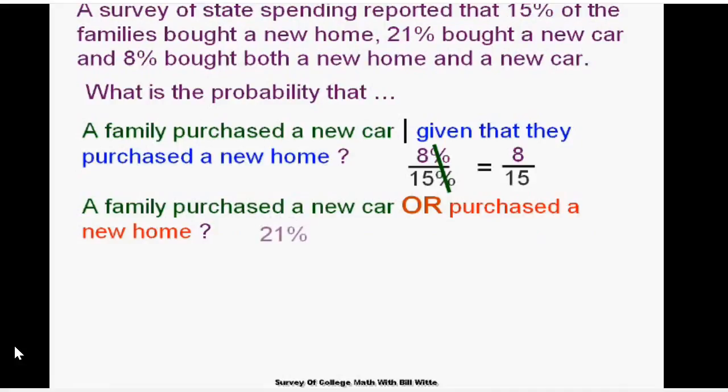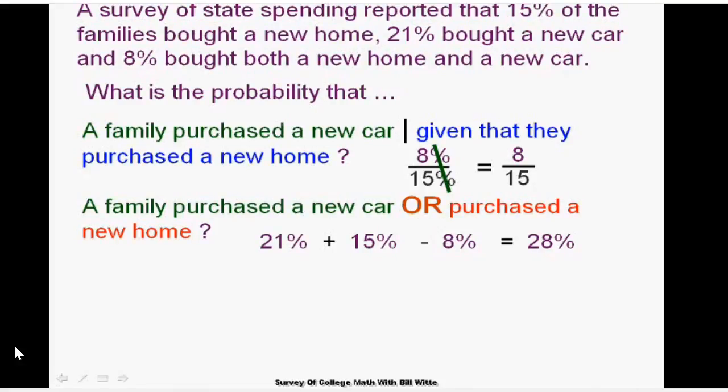Once again, 21% plus 15% minus 8%. Now, we knew that we were going to use that formula because we smelled that or, didn't we? And that comes to 28%. That's the probability that they did one or the other.